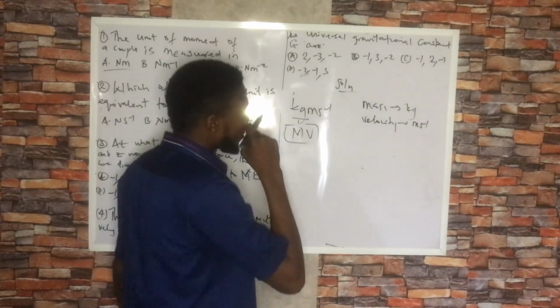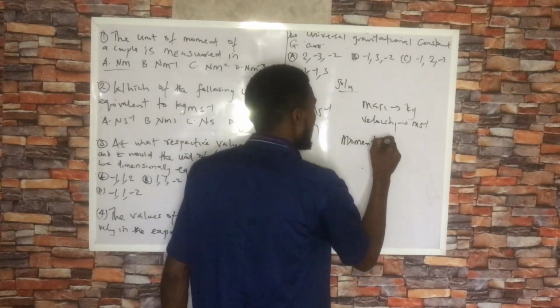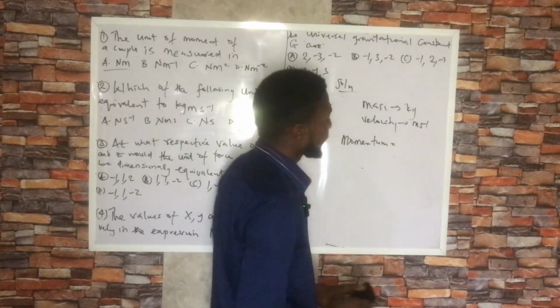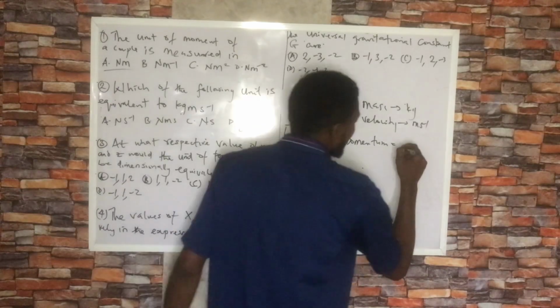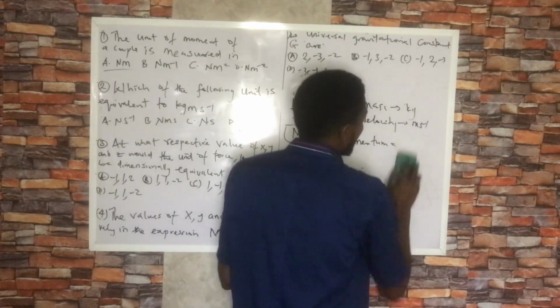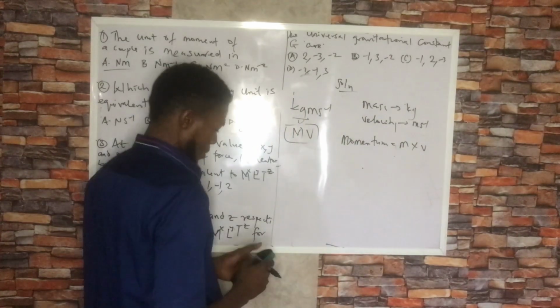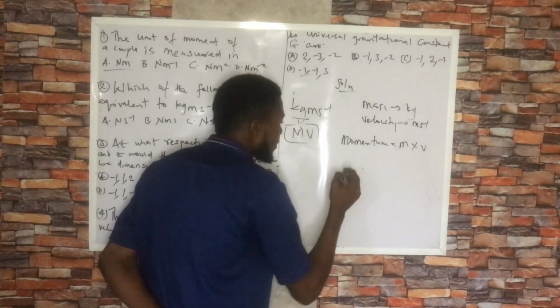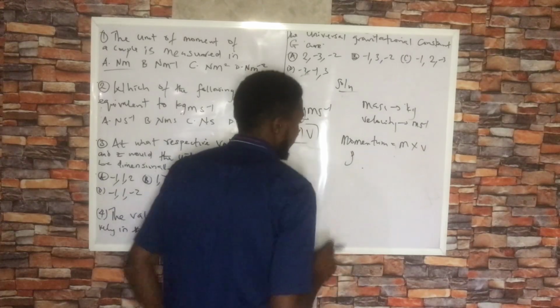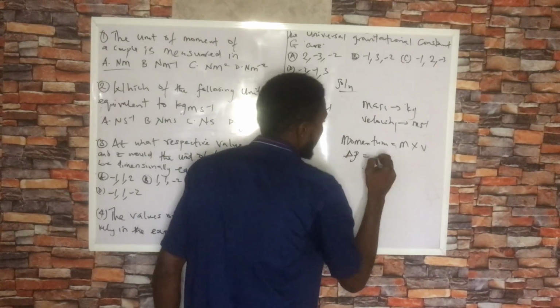From our knowledge of momentum, please note, momentum is different from moment. Momentum is given as mass times velocity. So we can as well say, change in momentum is equal to what?